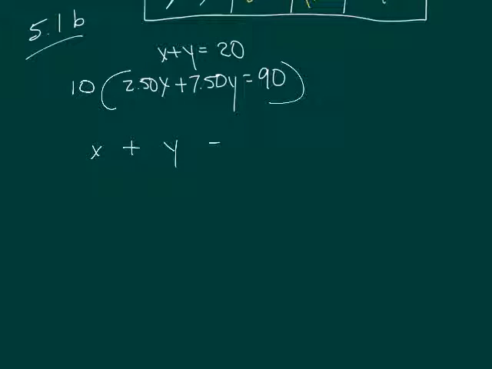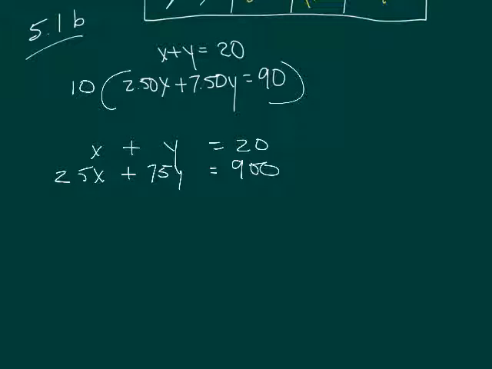I'm going to spread these out a little bit. And then I've got 25x plus 75y equals 900. I took away my decimals is all I did, and we can do that as long as we do everything to both sides of the equal sign. We're good to go. Now, let me make this look a little more like a 25.